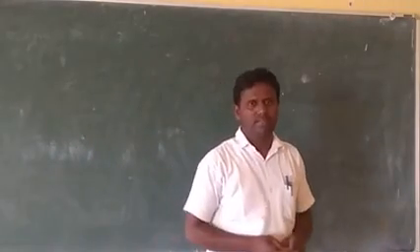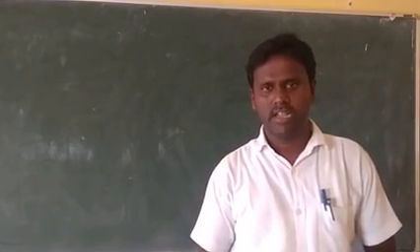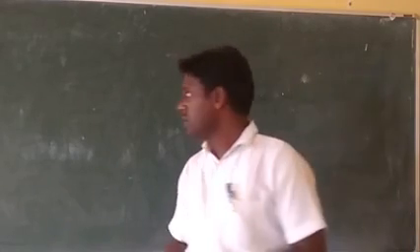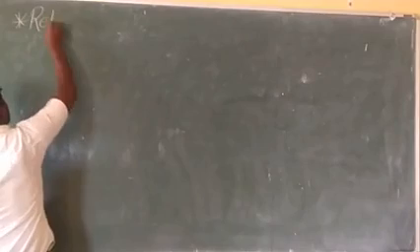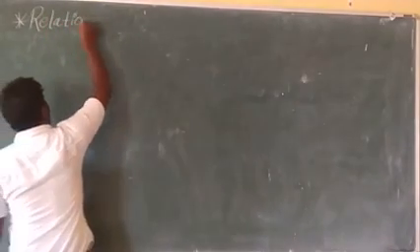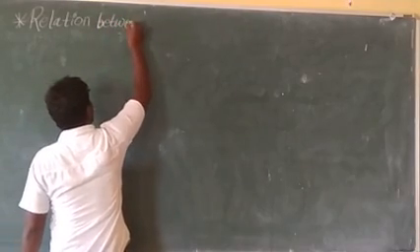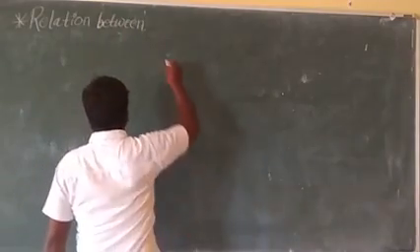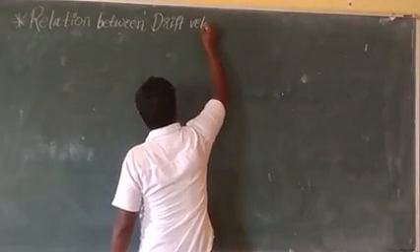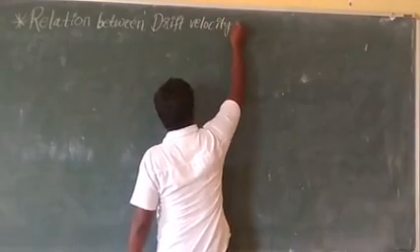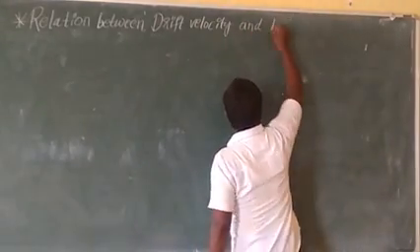Now I am discussing the relation between drift velocity and electric current. This is a 5-mark derivation. The concept is the relation between drift velocity and electric current.